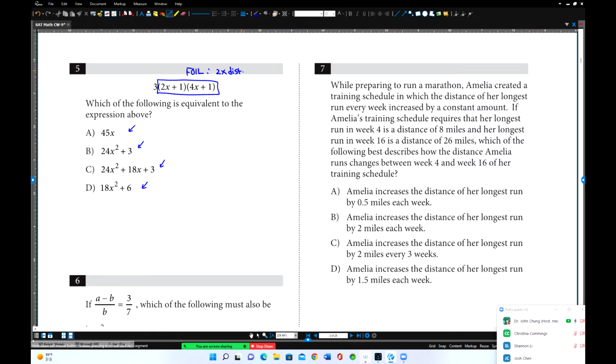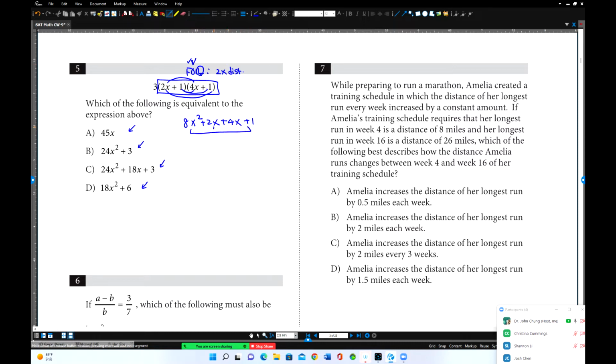Front: 2x times 4x is 8x squared. And 2x times 1, that is outside, 2x. Now inside, 1 times 4x is 4x. Now 1 times 1, the last and last, is 1. That's it. That is FOIL, actually 2 times distribution.